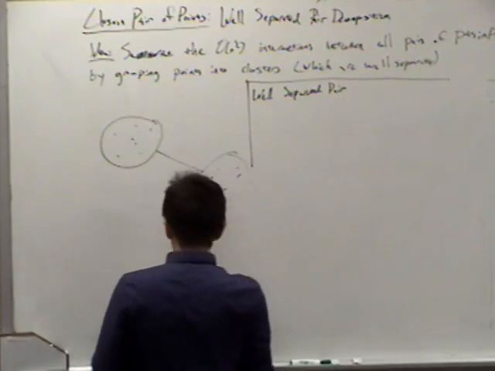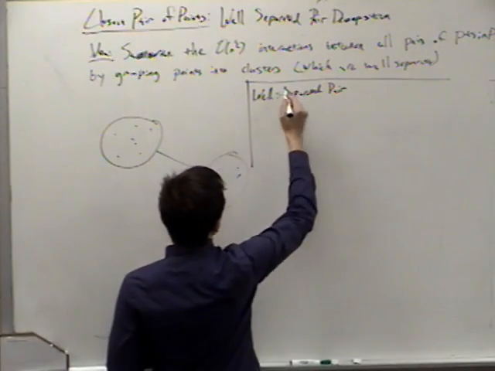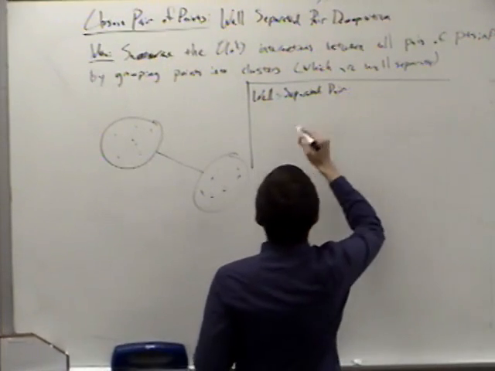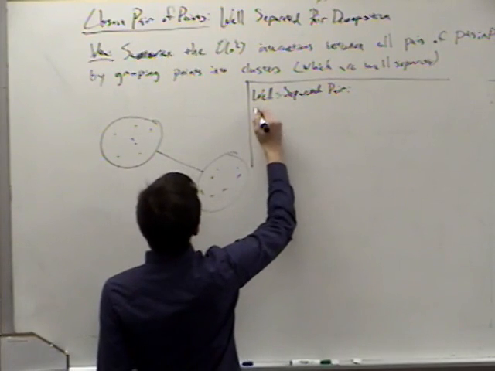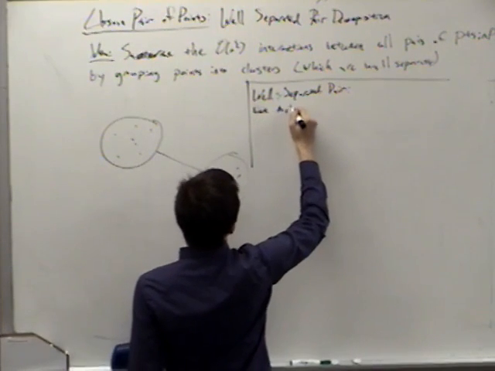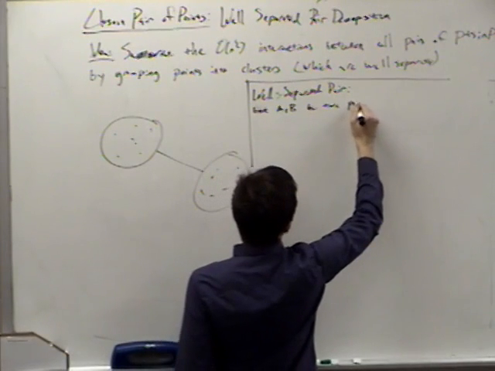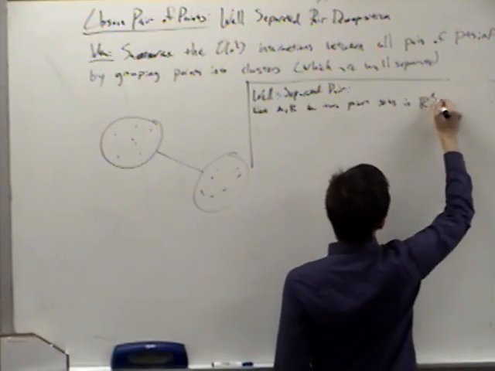And actually, I'm going to add a parameter in here. So we'll call it a well S-separated pair. The idea is we'll say let A, B be two point sets in R^d.